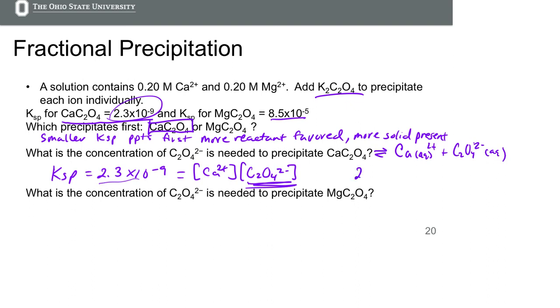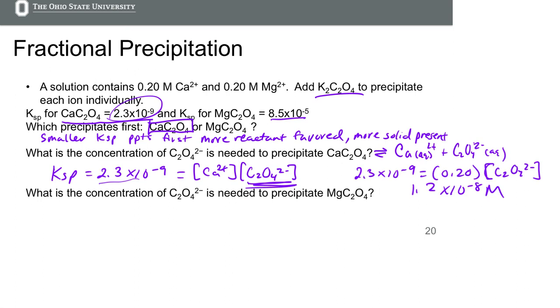So we'll have 2.3 times 10 to the minus 9 equals 0.2 times the oxalate concentration. And solve for oxalate. And we'll get 1.2 times 10 to the minus 8 moles per liter.